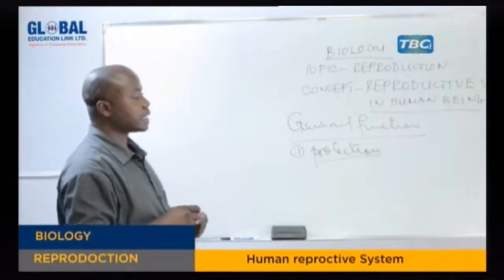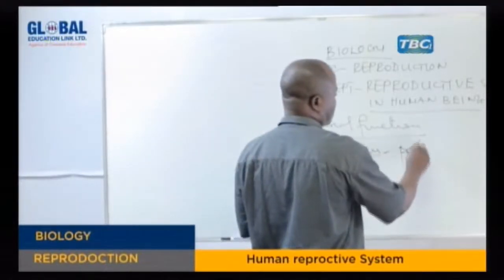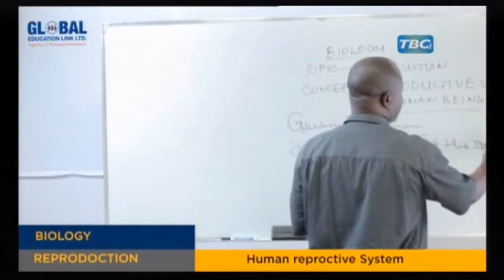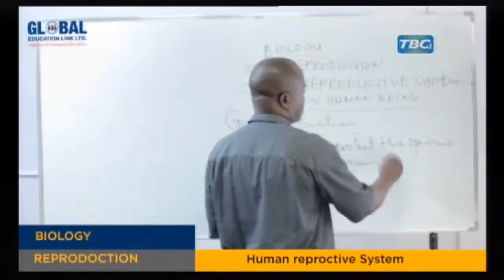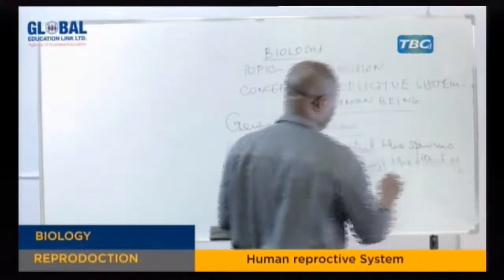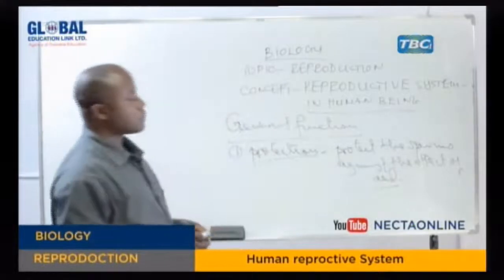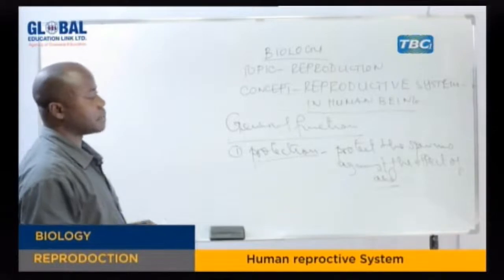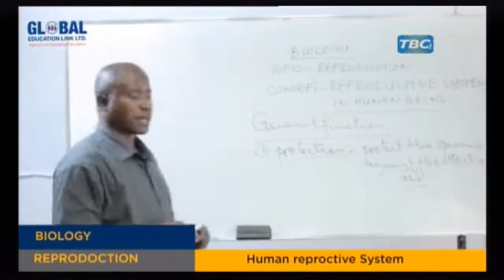Here, they protect against acid. That is why some of the fluid contains an alkaline solution for neutralization of the acid that may be present in the vaginal tract or the urethra.